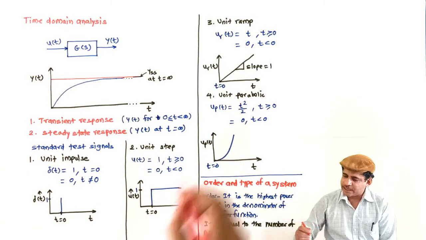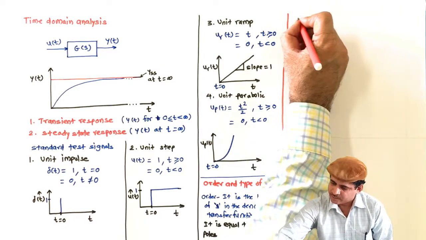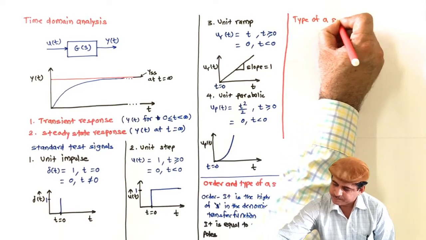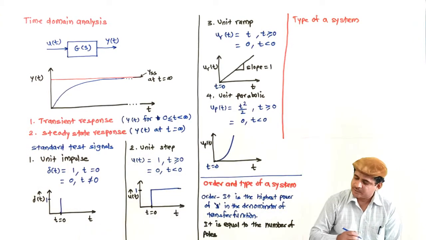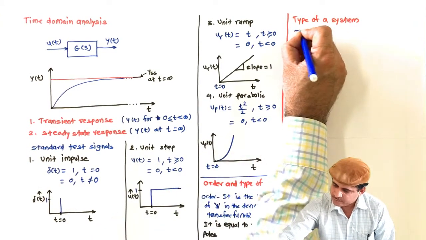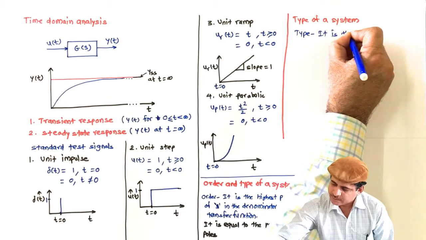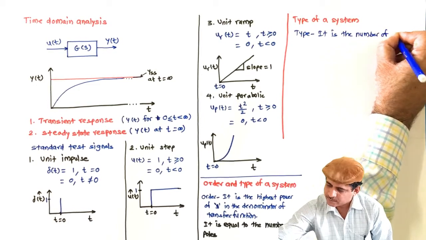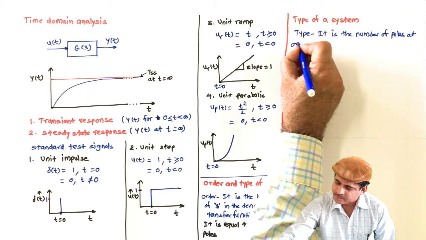Next, consider type of a system. So type means it is the number of poles at origin.